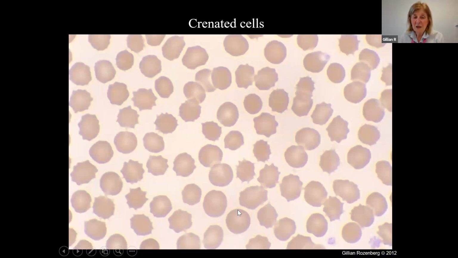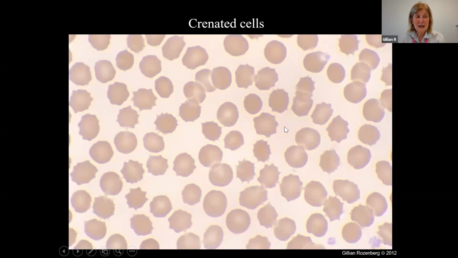So this is a beautiful blood film of a patient with lots of crenated cells. I'll tell you how I made this film. This blood came into the laboratory at about 5 o'clock in the evening, and it was a normal blood film. Red cells were normal. So I was trying to work out how to get a nice film of crenated cells for these workshops.